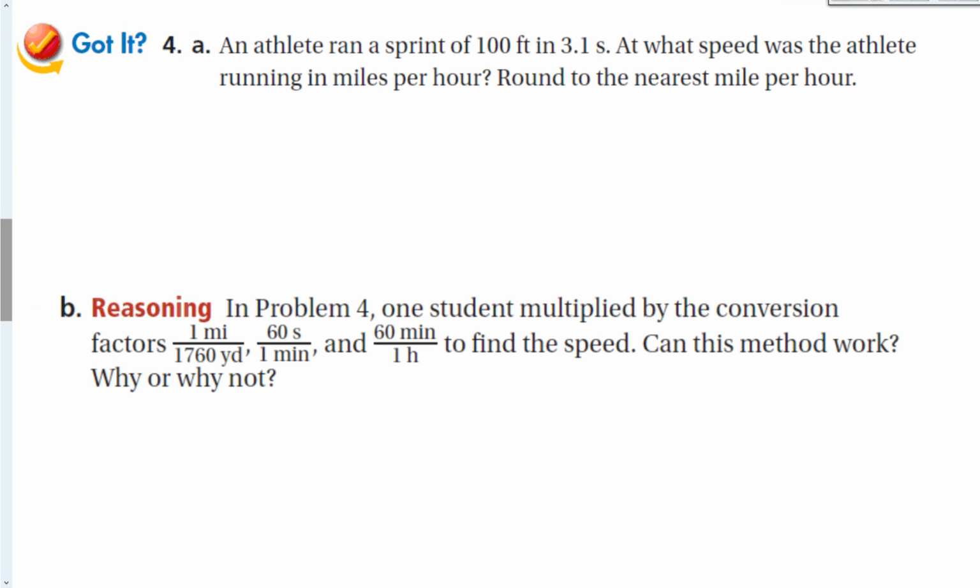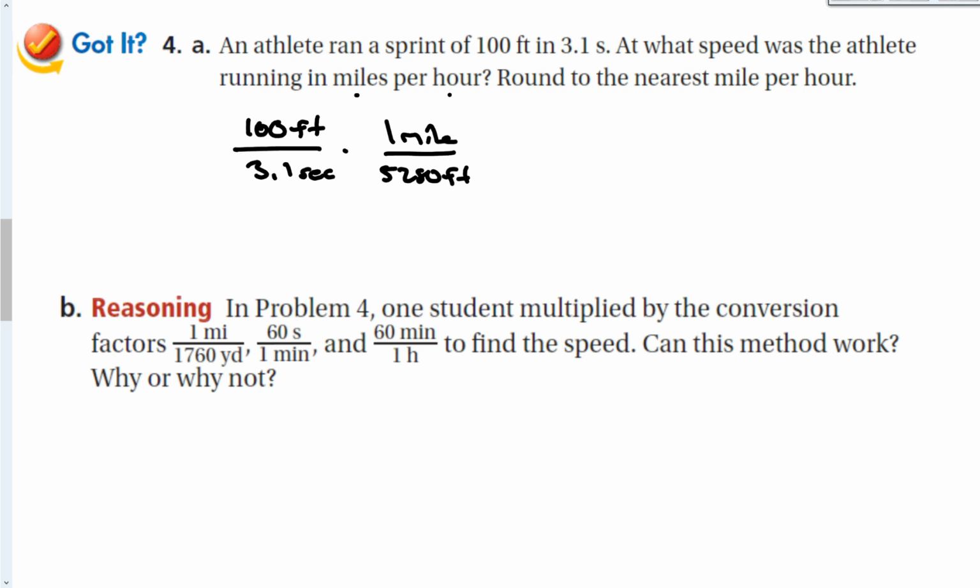An athlete ran a sprint of 100 feet in 3.1 seconds. So we're going to go 100 feet in 3.1 seconds. Again, we're going to go to miles per hour. So we need that in 1 mile, there are 5,280 feet.